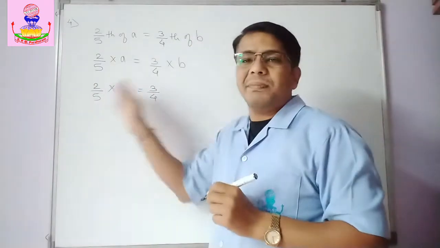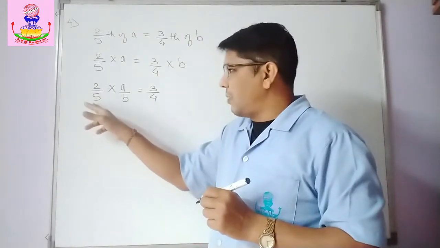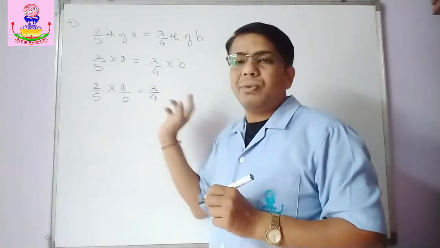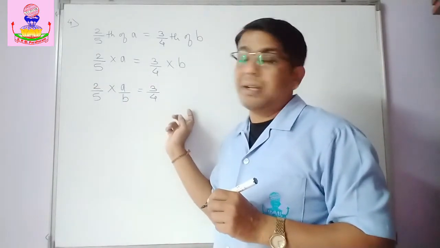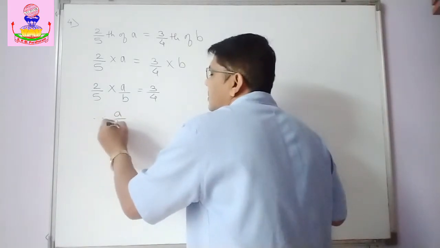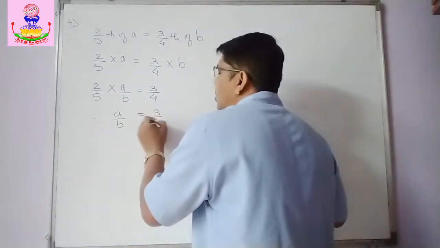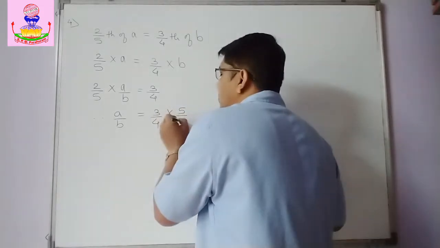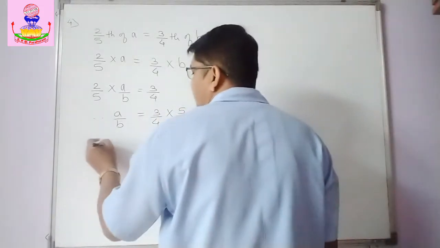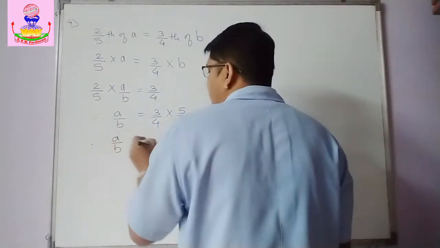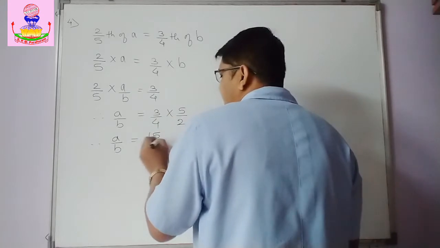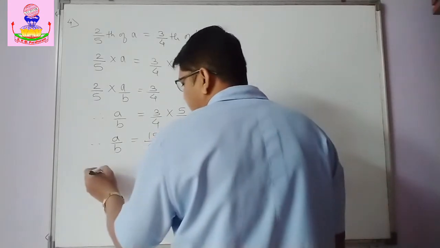Now bring this term to this side. This 5, when it comes to this side, will go in multiplication, and this 2 will go in the denominator, division. So A upon B is equal to 3/4 into 5/2. Now there are no cancelable terms: 5 3s are 15 and 4 2s are 8, straight away multiplication.